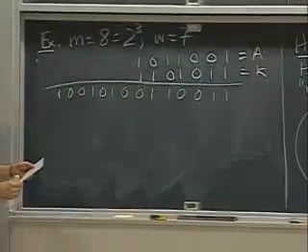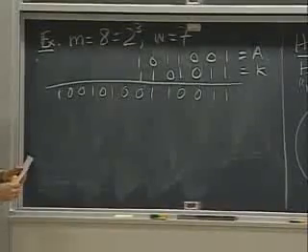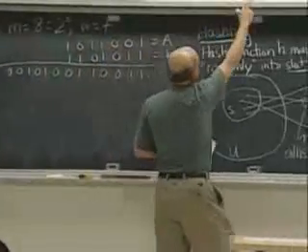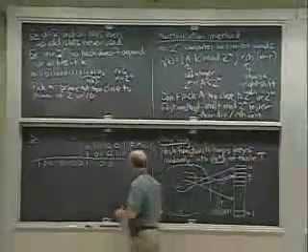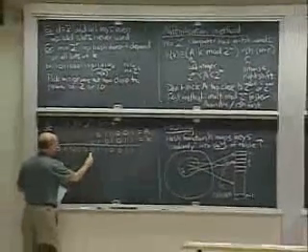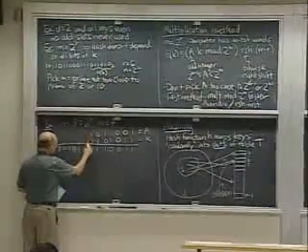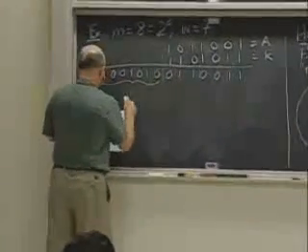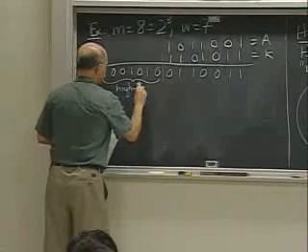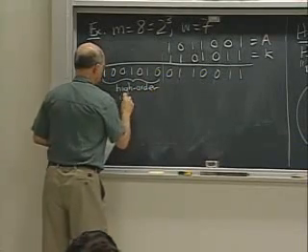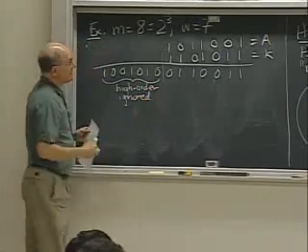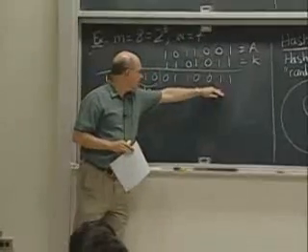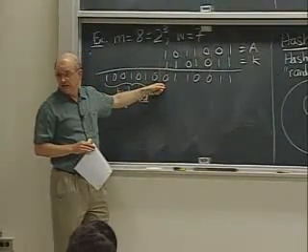Okay? So that's the product part, okay? And then we take it mod 2 to the w. Well, what mod 2 to the w says is that I'm just ignoring the high order bits of this product. So all of these are ignored. Because remember that if I take something mod a power of 2, that's just the low order bits. So I just get these low order bits as being the mod.